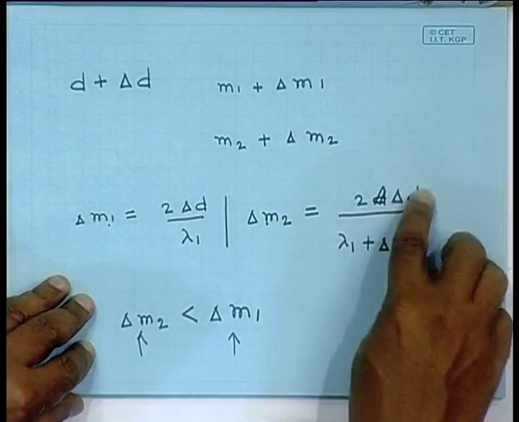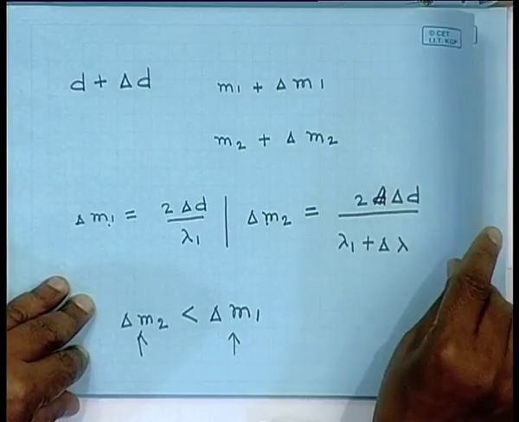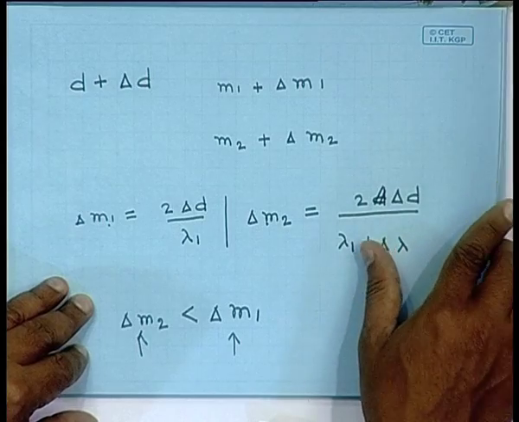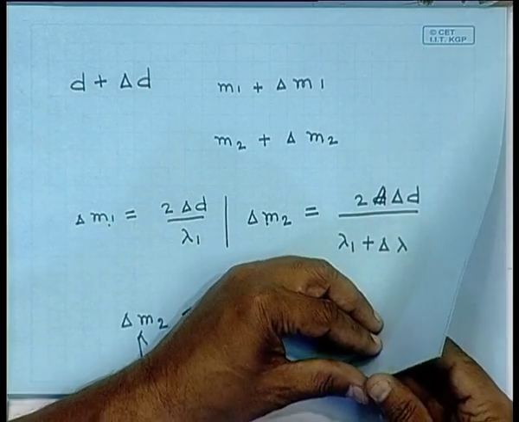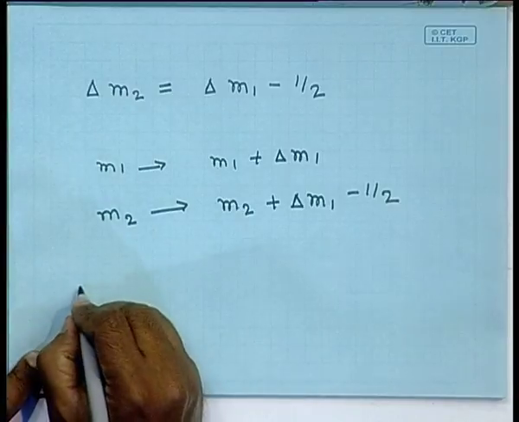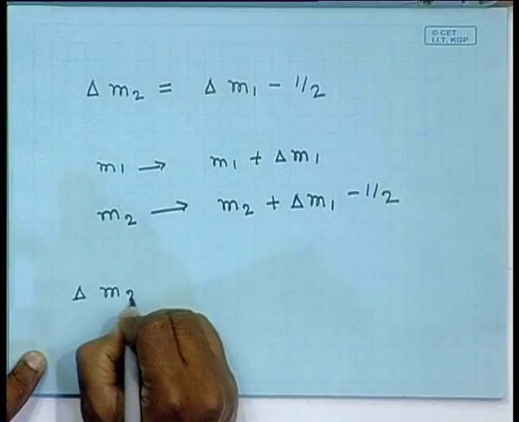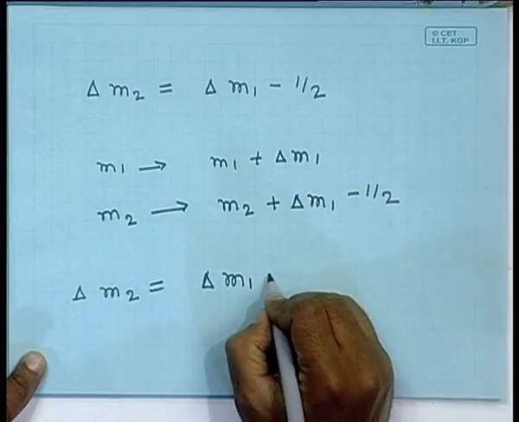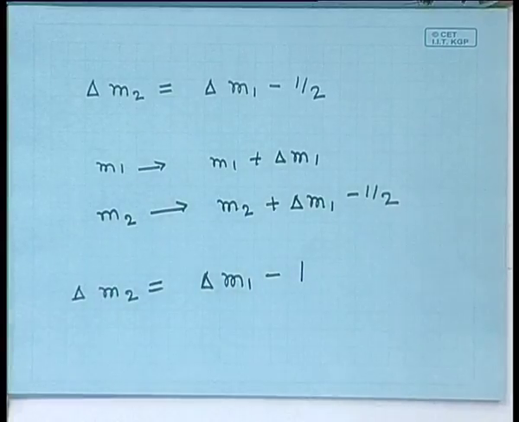So, if I move one of the mirrors sufficiently far away, so that delta D is sufficiently large, the changes in the two orders of the two fringes differ by 1.